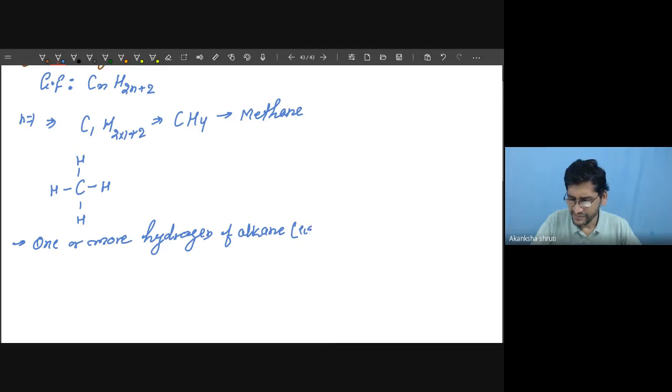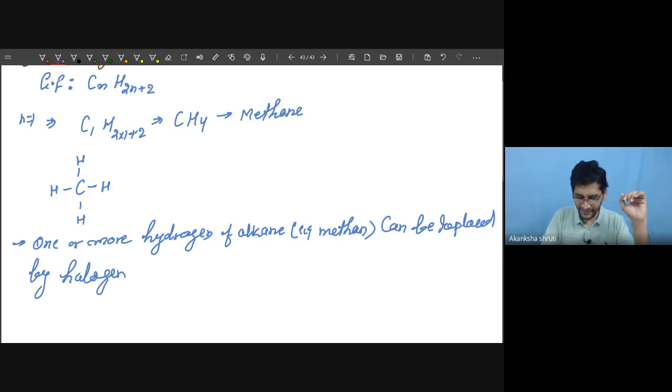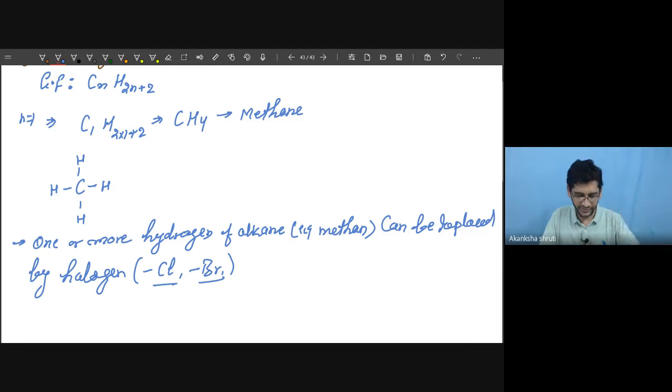Let us take the methane here. Can be replaced by halogen atom. Halogen is one of the functional groups that we have learned. Halogen group may be your fluorine, but fluorine is not most common. So maybe your chlorine or maybe your bromine, maybe your iodine, but chlorine and bromine are most common.